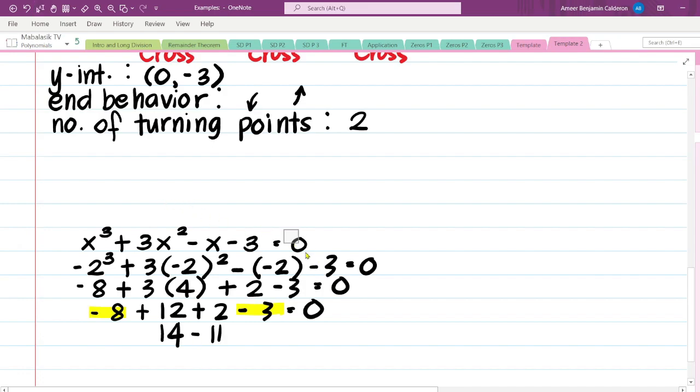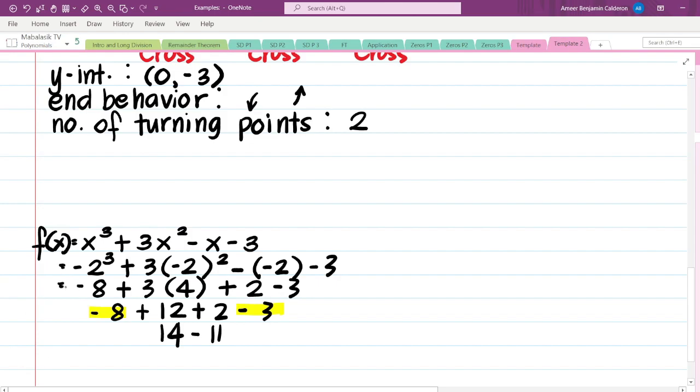We don't have an equals 0 here. I'm sorry about that. Instead, we will have on the other side f of x, which is just y.